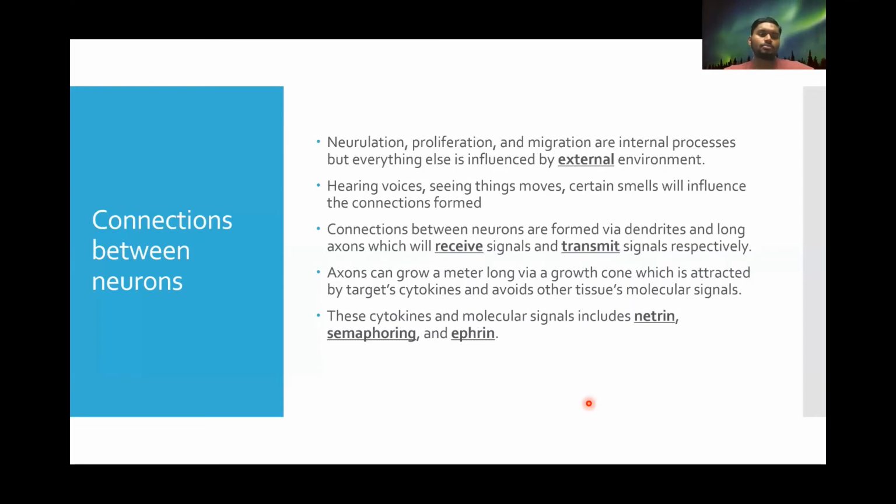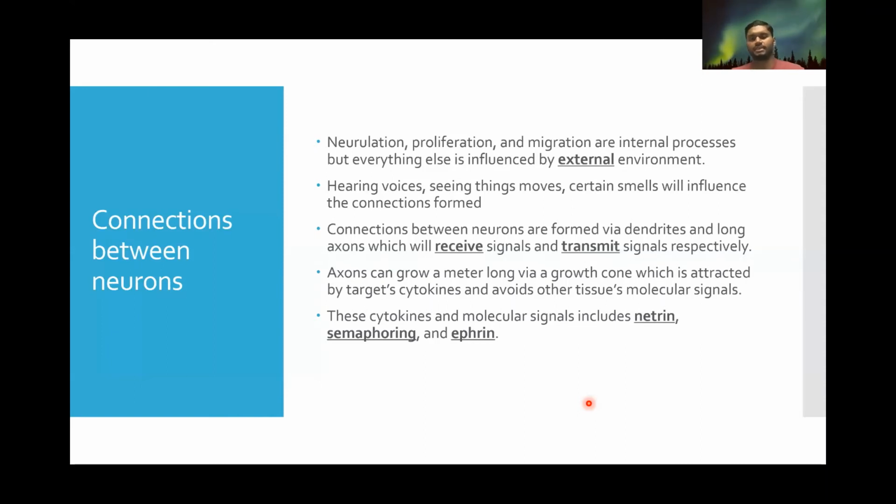However, now that these neurons are in place, now you make connections, right? And this is influenced by the external environment. So even very early, when the embryo, the fetus, is still developing, these connections are made when they hear their mother's voice, when they feel the heat inside the womb, when they notice certain smells.